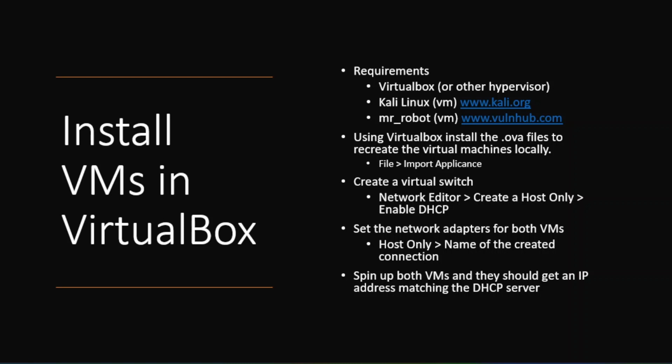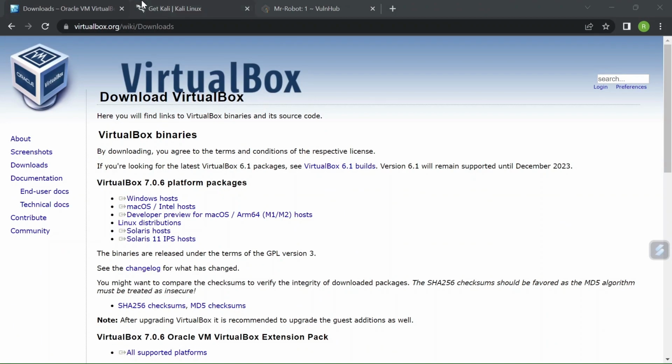So I'll just come over and swap over to my computer. And you can see that I've got a couple of websites loaded up. The first one is VirtualBox, and I'm on the downloads page, and I'm on a Windows machine, but it does support Mac OS as well as Linux distributions.